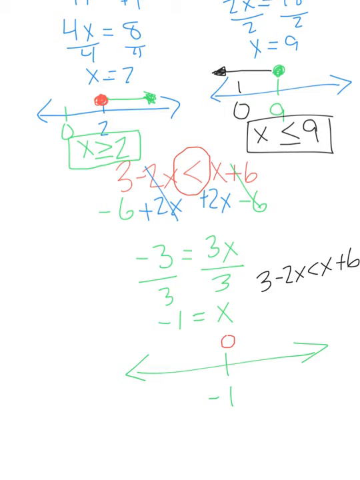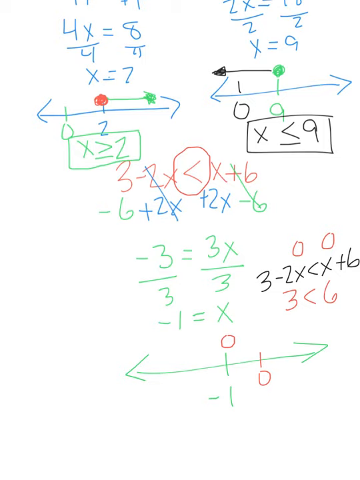If I try 0 and plug 0 in here, that would give me 3 minus 2 times 0, which is 3, is less than 0 plus 6, which is 6. That is true, which means that 0, which is right here, is correct.